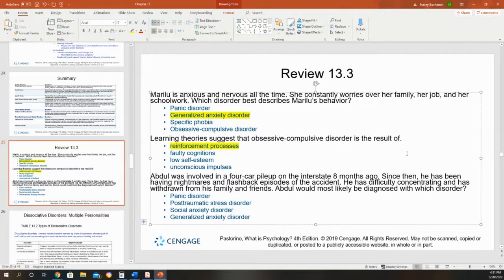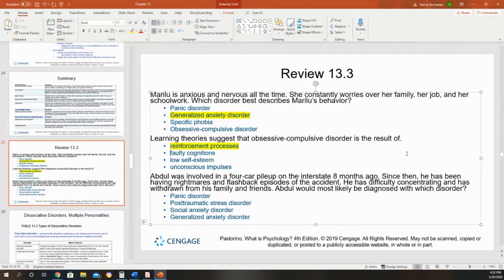And then finishing up, Abdul was involved in a 4-car pileup on the interstate 8 months ago. Since then, he's been having nightmares and flashback episodes to the accident. He also has difficulty concentrating and has withdrawn from his family and friends. So he would be most likely diagnosed with panic? No, not quite.